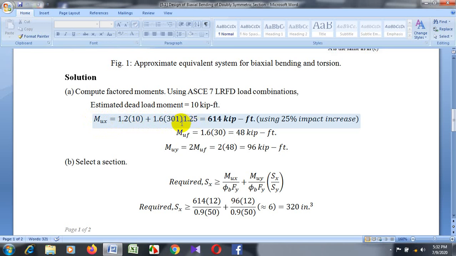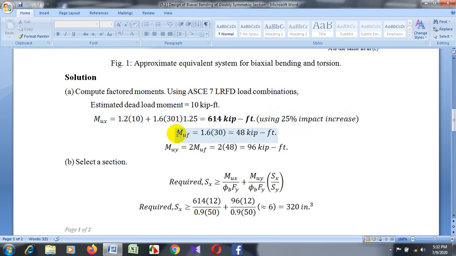That means live load increases 25%, that means 1.25 total load considering impact, and 614 kip-feet using the 25% impact increase. That means live load increases 25% due to impact.